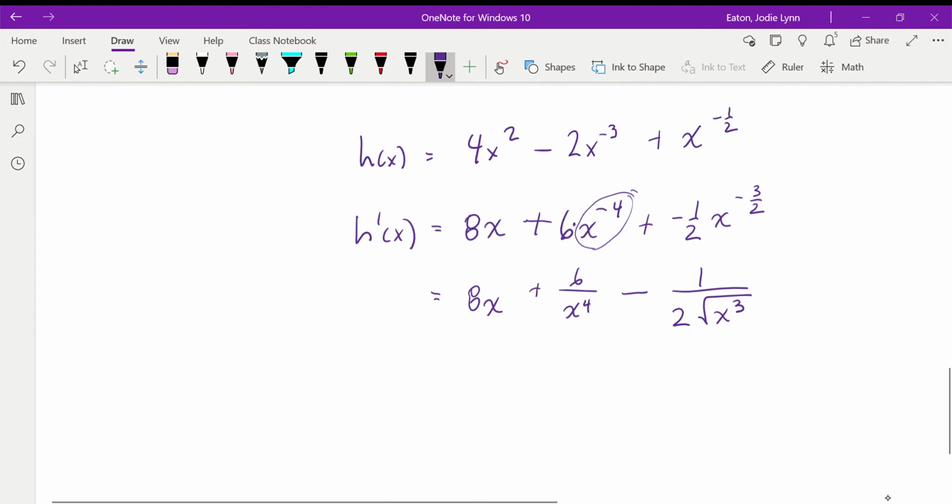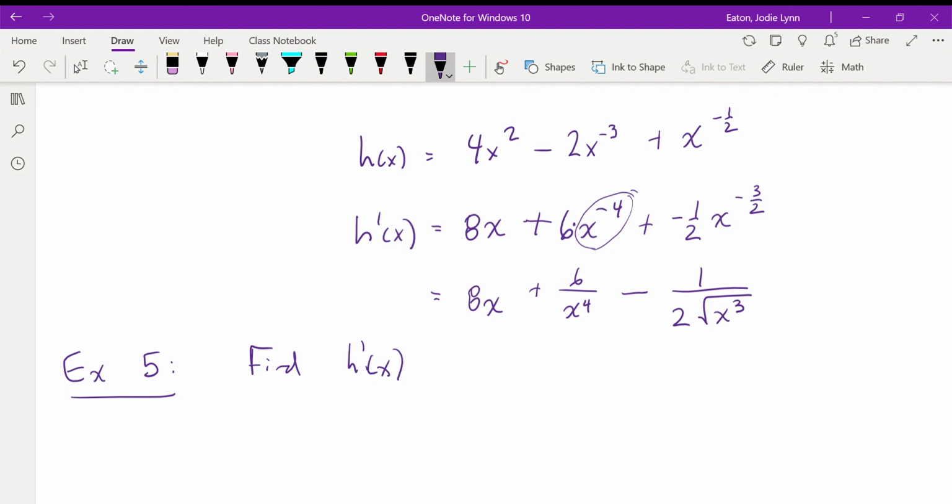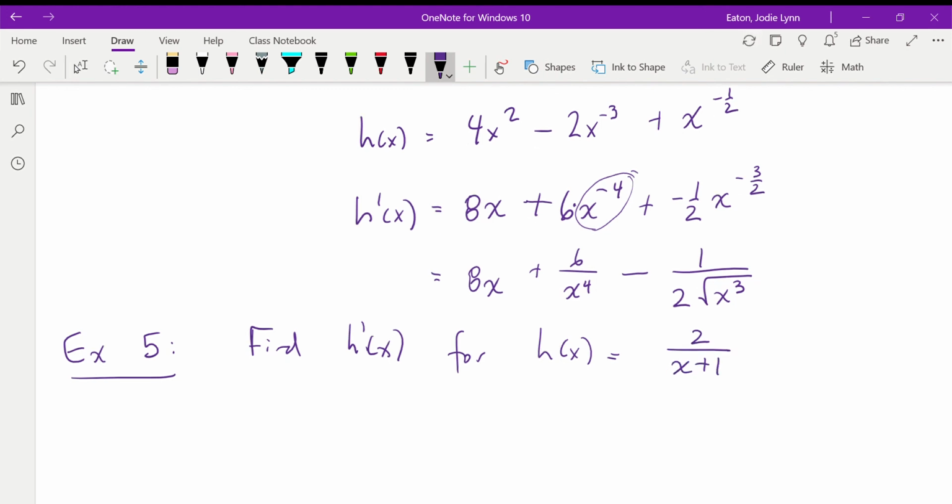Let's look at one more example where we can't avoid using the quotient rule. So let's find h prime of x for h of x equals 2 over x plus 1. So clearly here, we're not going to be able to divide the 2 by x plus 1.